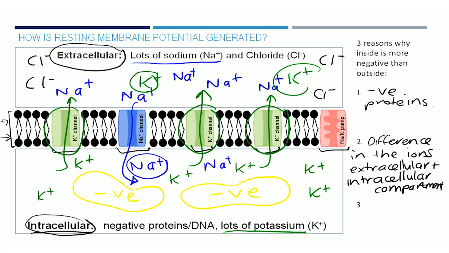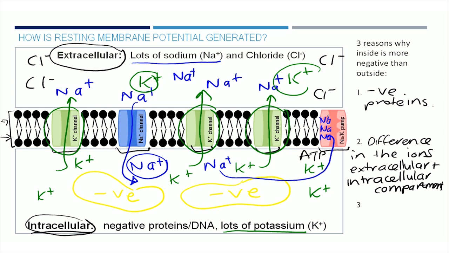To make matters even worse, we've got this sodium-potassium ATPase pump. And because it's a pump, we know that it's going to pump our ions against their concentration gradients, and it's going to do so with the help of ATP. So in this situation, the few sodium ions that did come into the cell, well, they're going to get pumped back out. We've got a sodium here, here, and here.